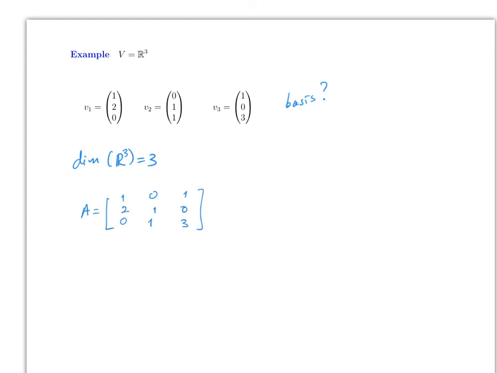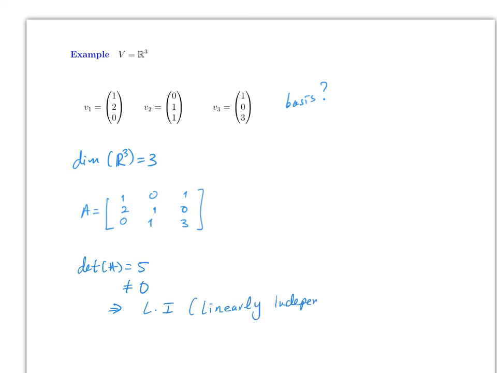And you should definitely check the following: that the determinant of A is equal to 5, which is not equal to 0. So that implies that the three vectors are linearly independent.